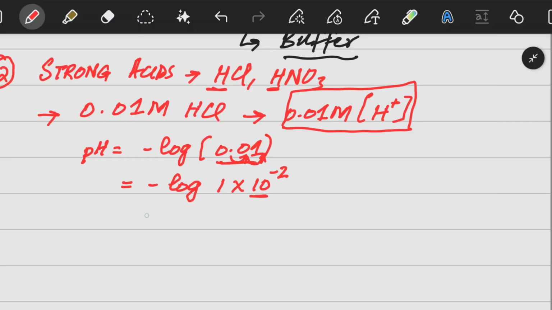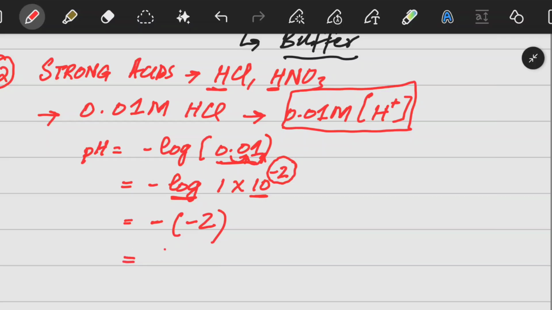Because this is a base of 10, and log is also base 10, the power of the base 10 becomes the answer of the log. So the log of 1 times 10 raised to the power minus 2 would be minus 2.